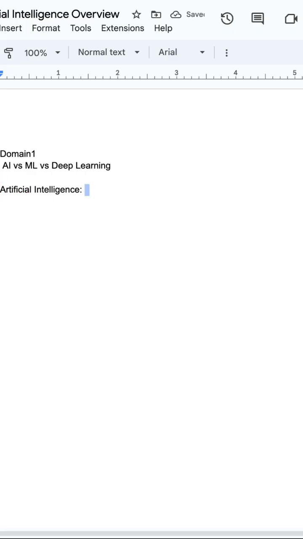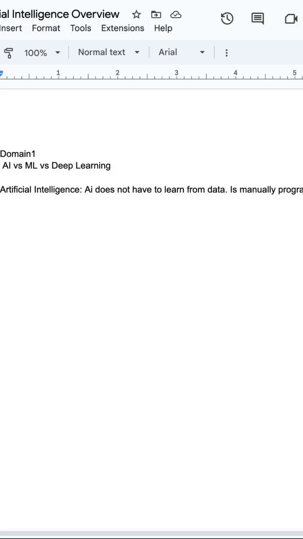Here are the key points from the exam. AI does not have to learn from data. AI can be manually programmed with rules. For example, think of an if-then statement.